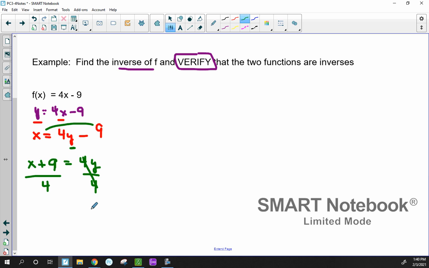Now we'll switch this back to the f notation: the inverse that we just found algebraically is equal to the quantity x plus 9, all divided by 4.